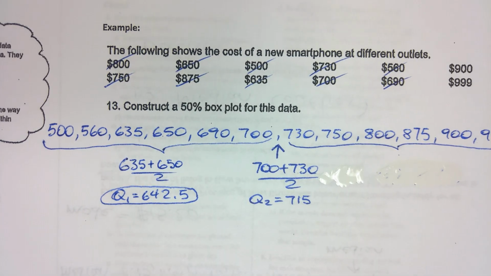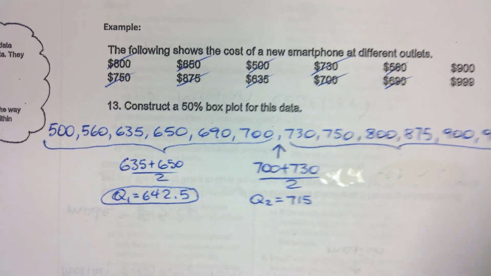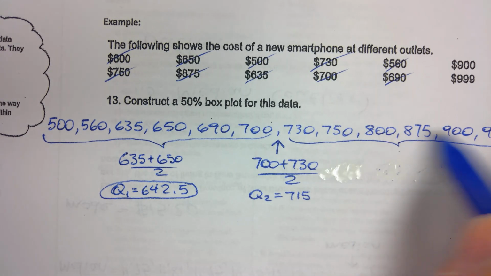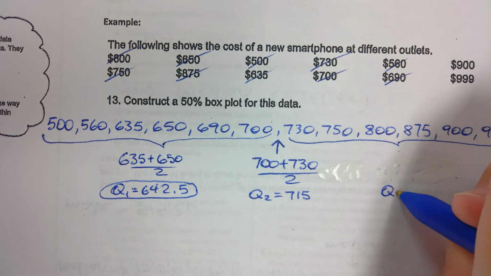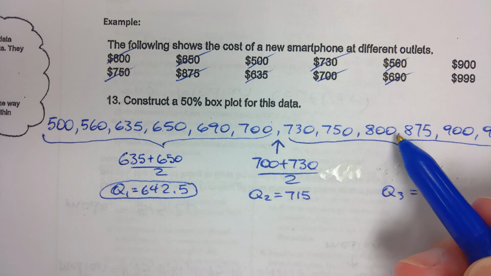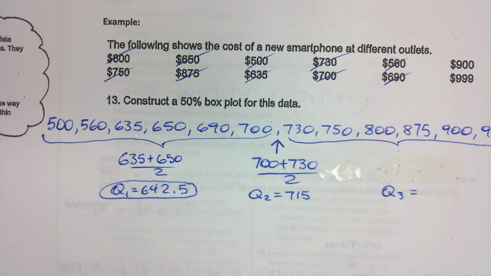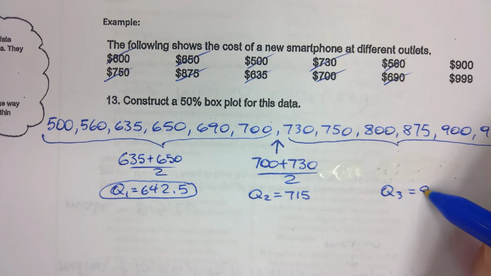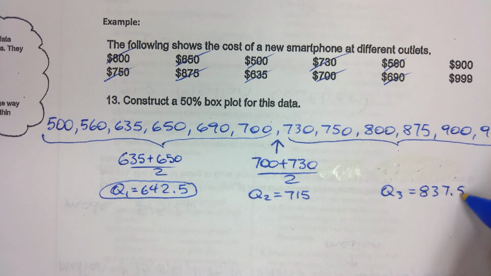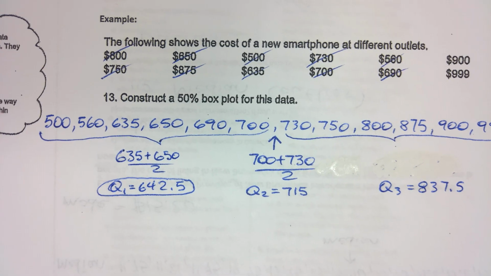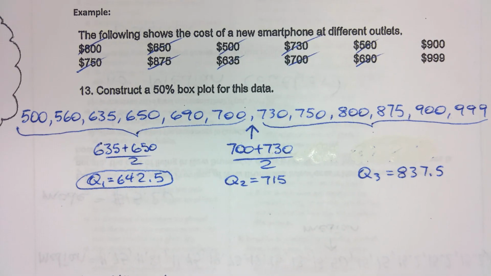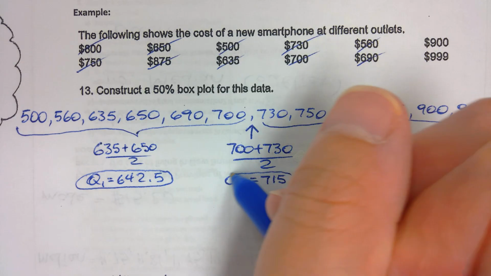And then for my upper quartile, Q3 is going to be between 800 and 875. 800 plus 875 equals, and then divided by 2, 837.5. Okay, I have my Q1, Q2, Q3.